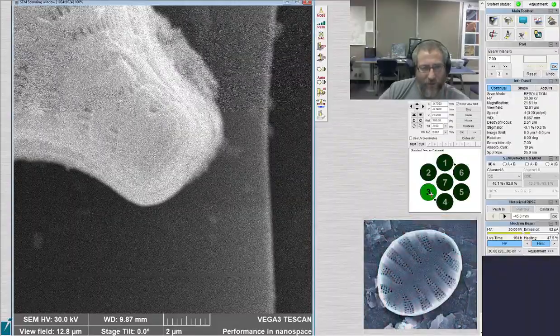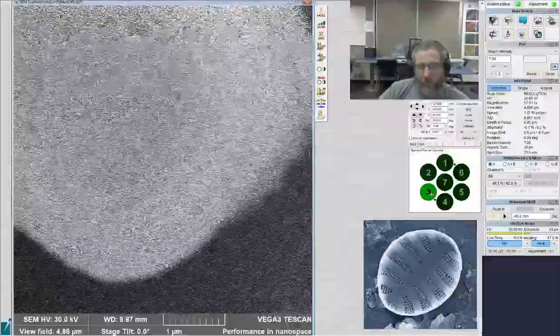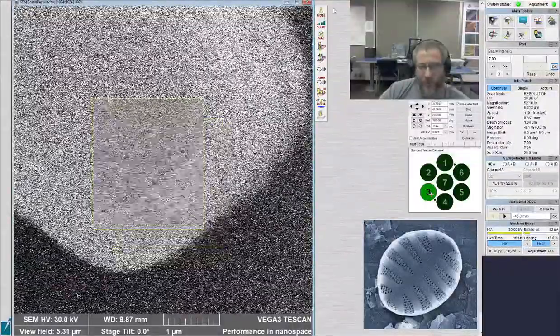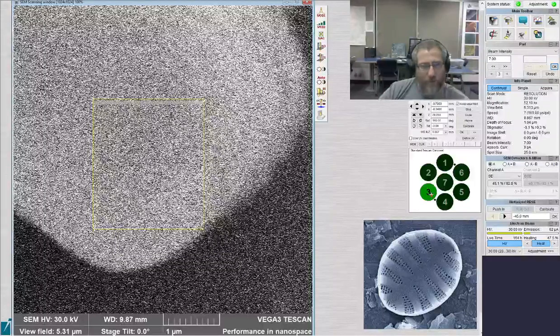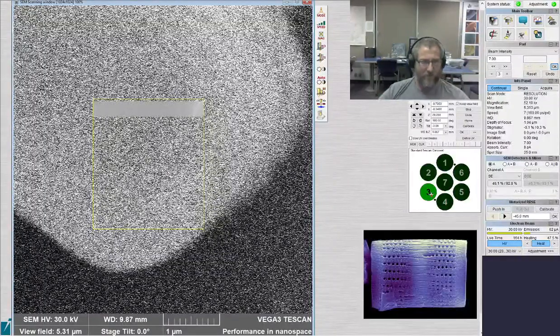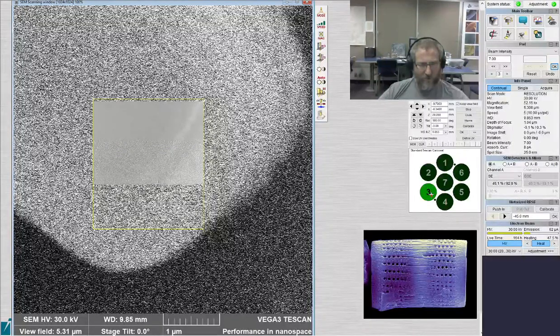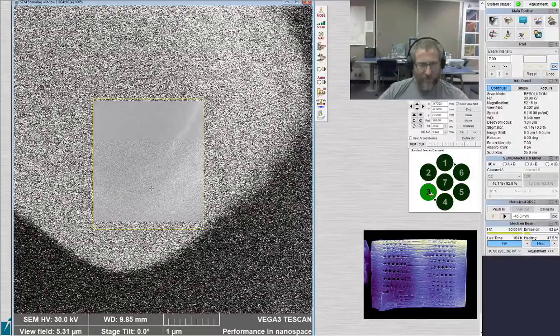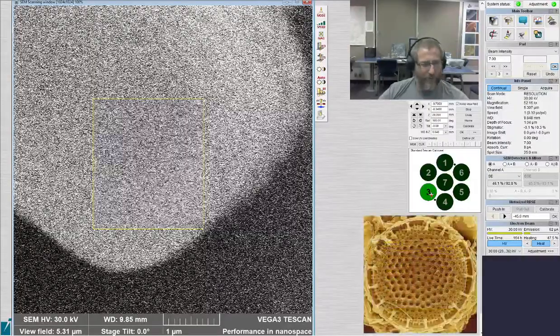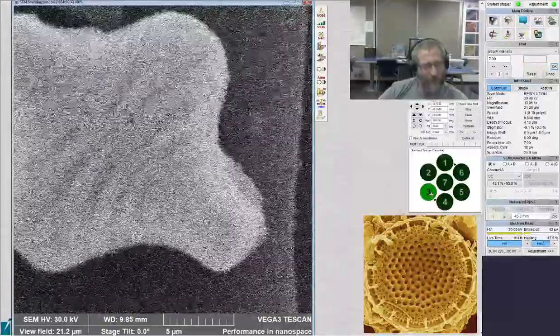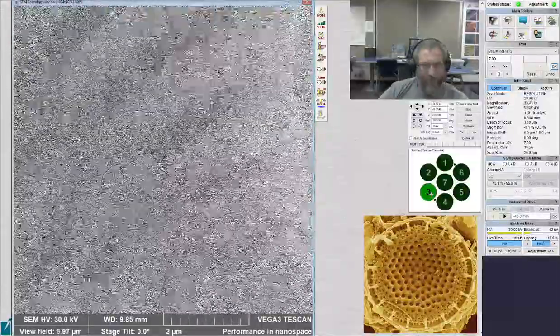Let's try. I'll just put it in this one little area and slow it on the beam. It's probably better when I had it on the other side so I could actually see things to get it into focus, because it's just like a block right there. Hang on.